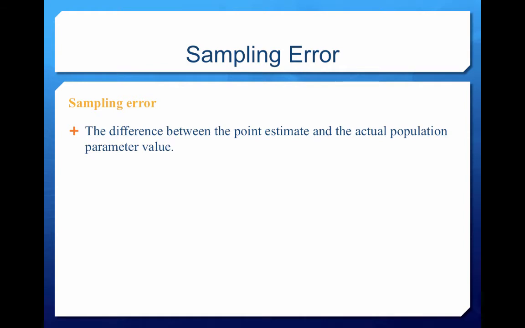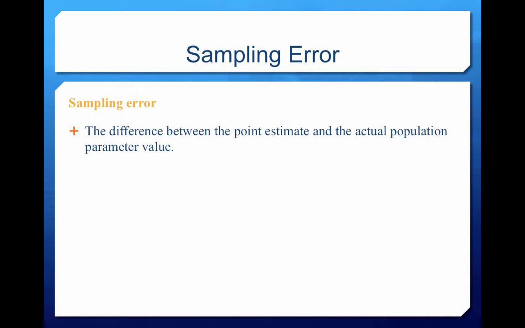So what is sampling error then? Sampling error is the difference between the point estimate and the actual population parameter value. For example, I could get the average age at one of the face-to-face Excel sessions, and maybe that average age comes to, I don't know, maybe 18.6 years old.